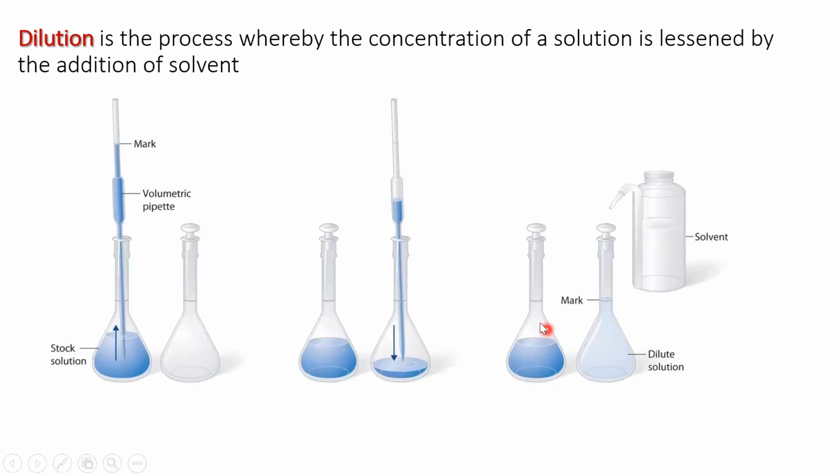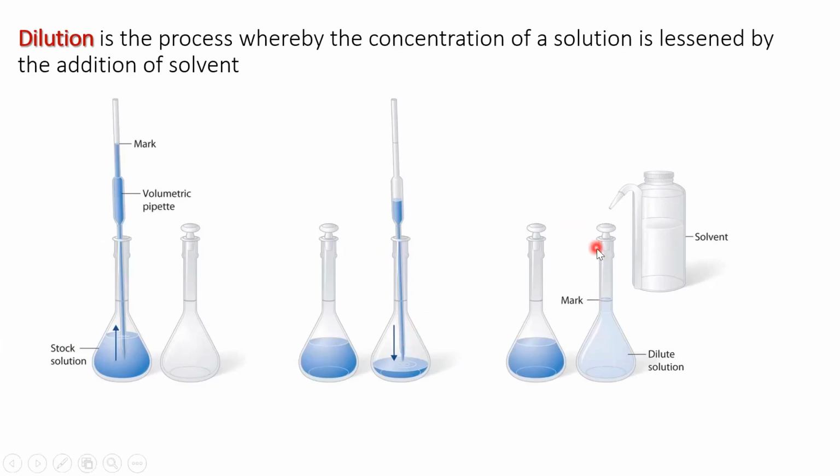So again, just a little picture diagram here. We have our original solution, called our stock solution, that has a known concentration. What we would do is pipette out a particular volume of that solution and add it to an empty volumetric flask.